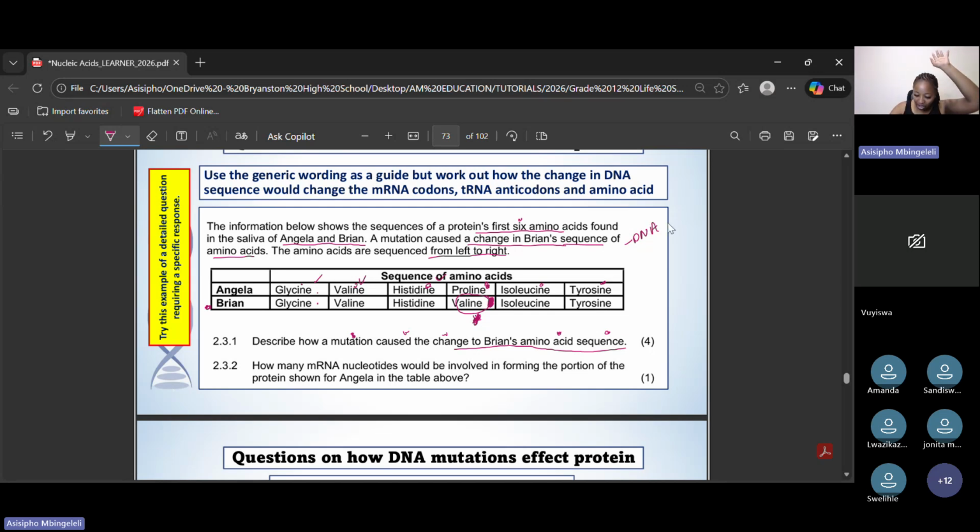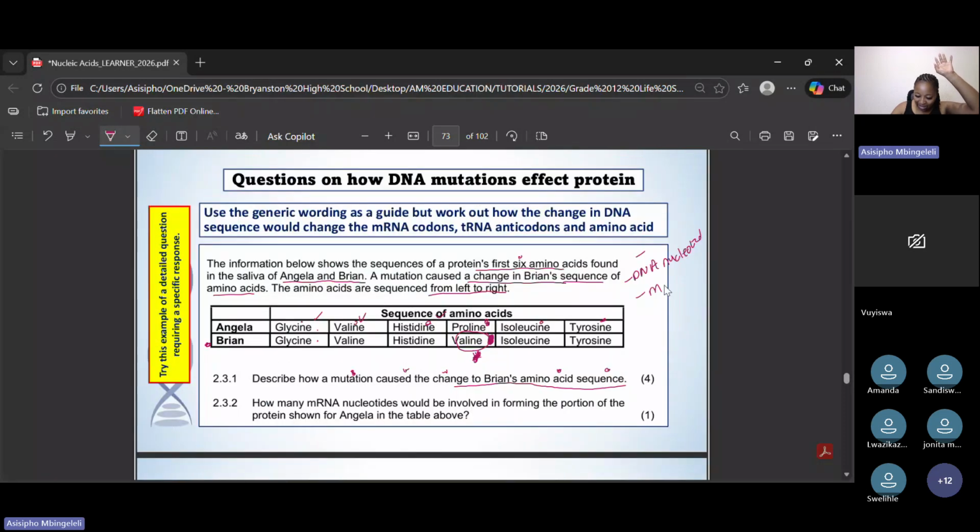So there was a change in DNA nucleotides, which led to a change in the messenger RNA codons, which then led, remember you are writing full sentences on your side, to the change in the transfer RNA anticodons, which led to a different amino acid that is being formed.